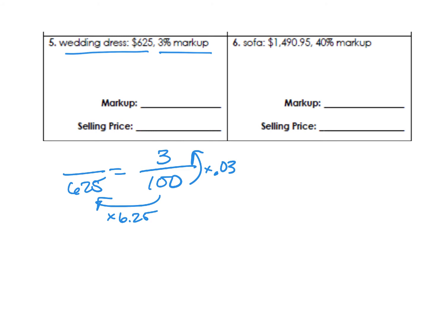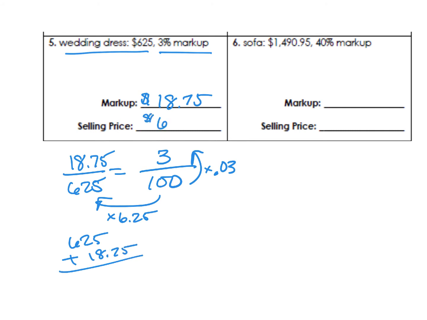And I get a markup of $18.75. So our markup is $18.75. So I'm going to take $625 plus that $18.75. And my selling price is going to be $643.75.